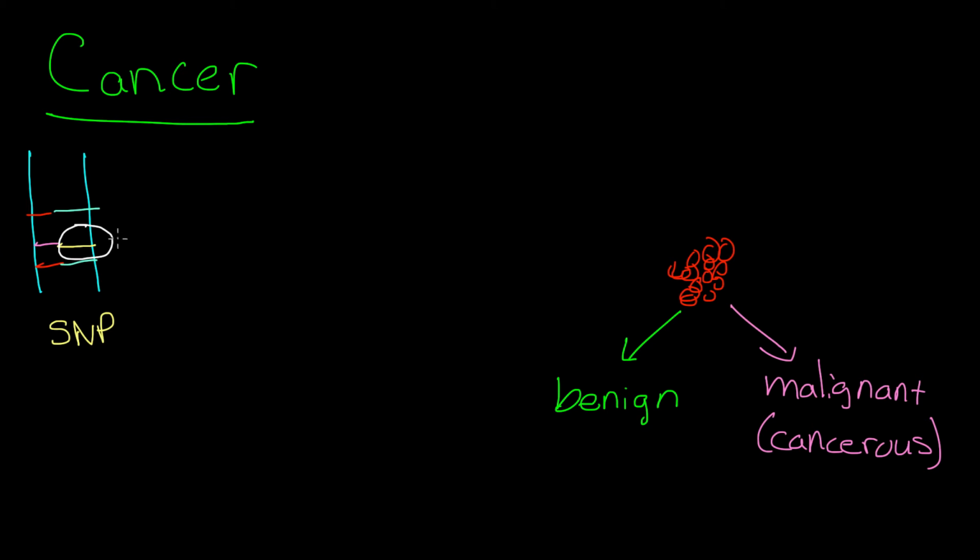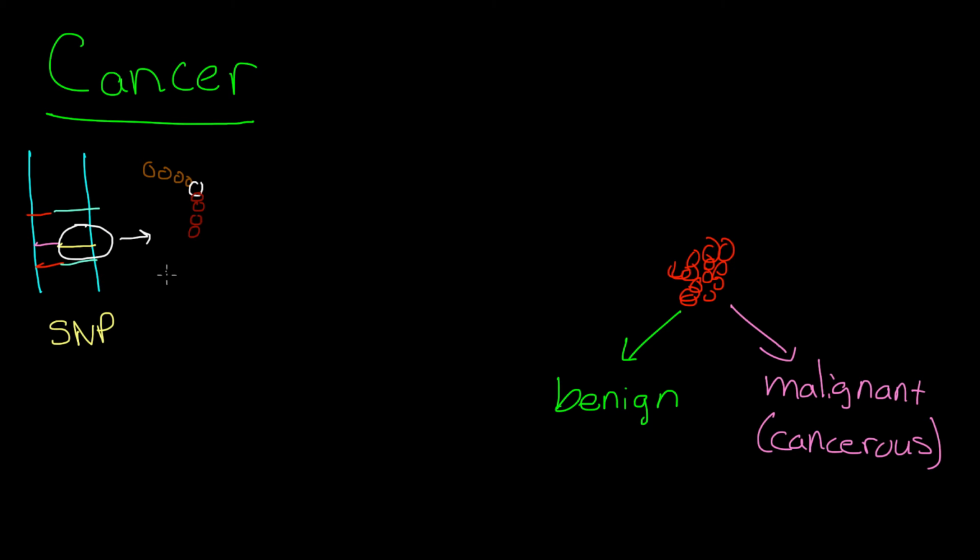It doesn't seem like a big deal since we have 3 billion of these base pairs, but maybe when this gets translated into an amino acid, right here, this could be our amino acid, or this is a string of amino acids, and maybe this is the one in particular that is incorrect because of that DNA.